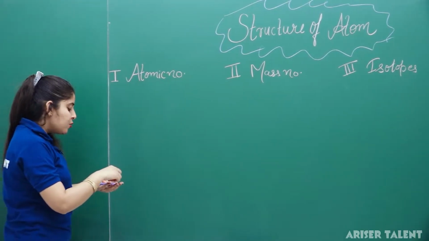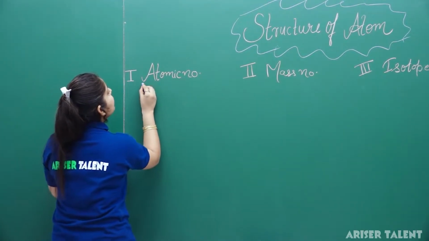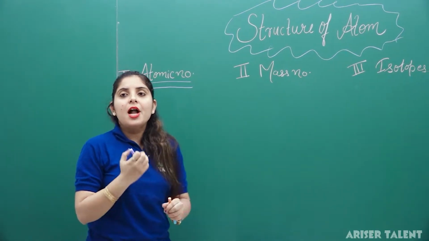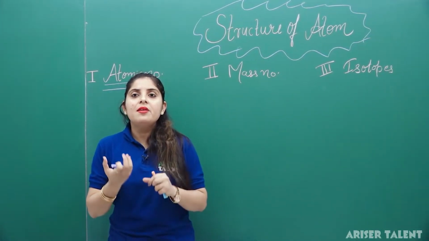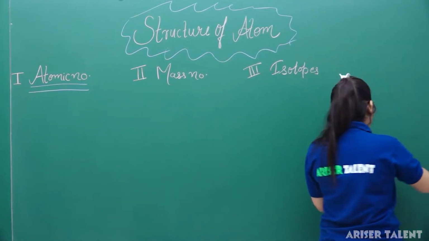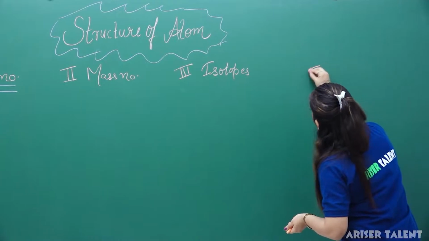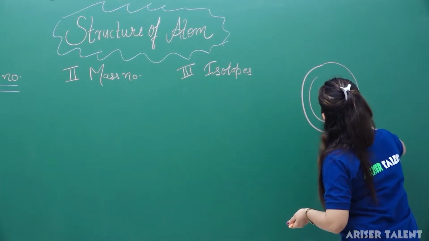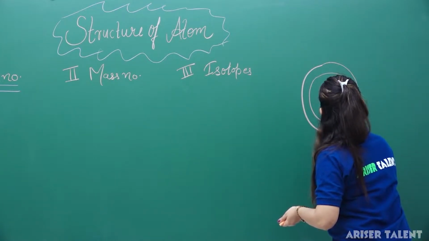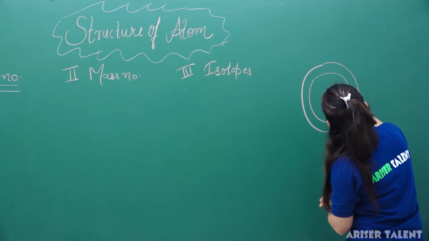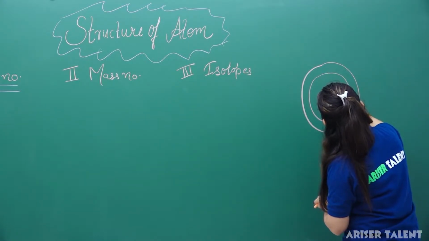In this sequence, our first term is atomic number. So what basically is the atomic number? Atomic number is basically the number of protons present in the nucleus of an atom. If I consider an atom, in the center part we have a nucleus.